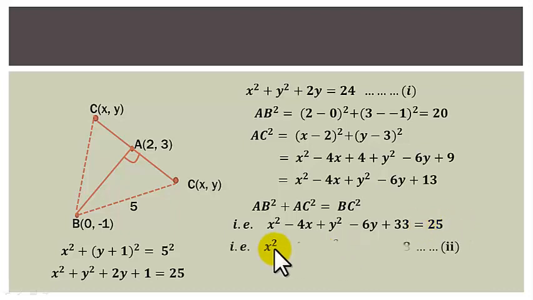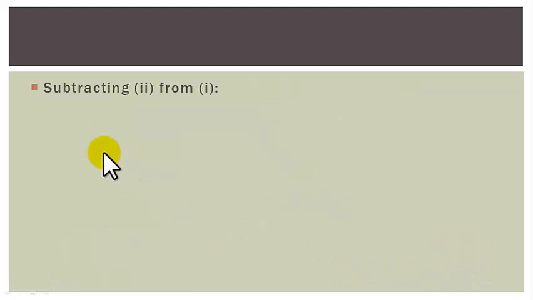We can rewrite this equation as x squared minus 4x plus y squared minus 6y equal to, take 33 to the right hand side to obtain 25 minus 33, which is equal to minus 8. And let us number this equation as equation 2. Now, subtracting equation 2 from equation 1, we obtain 4x plus 8y equals 32.